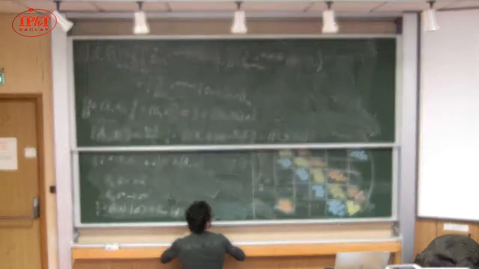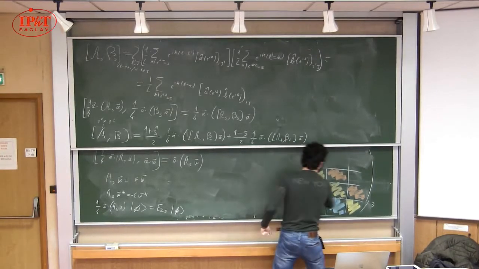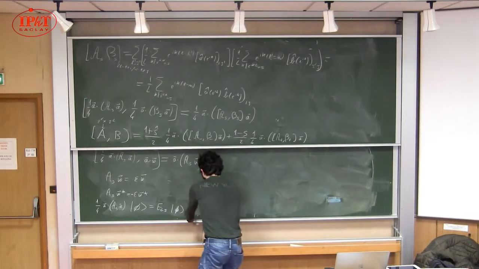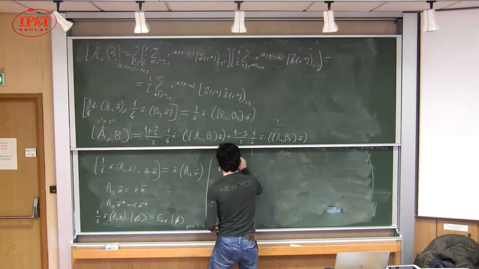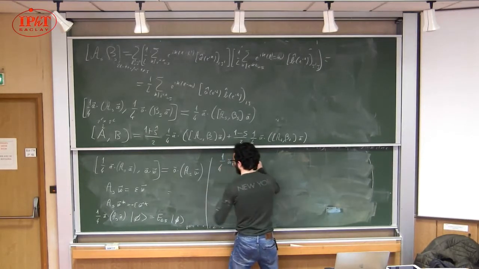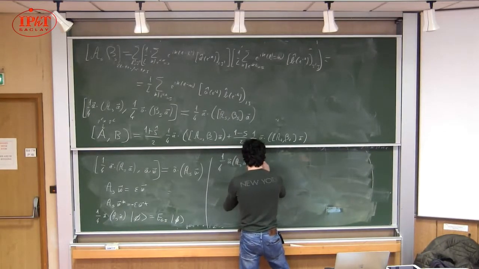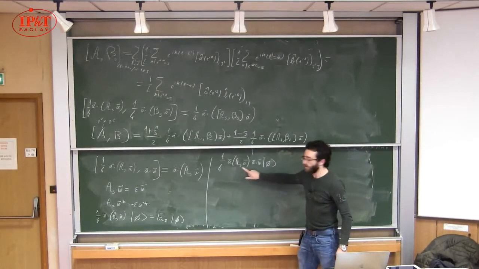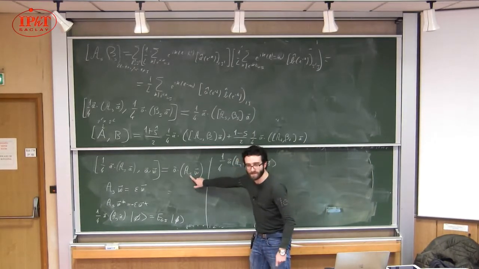What happens is that I compute 1 over 4 A_S A times my W A W. Now, what can I do? I can commute this, and when I commute it, I obtain exactly this result.